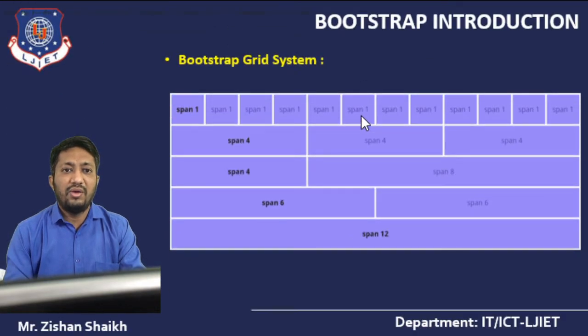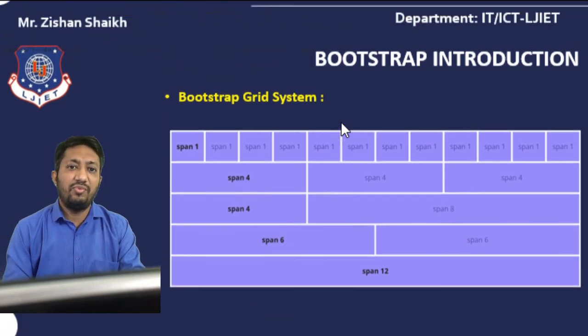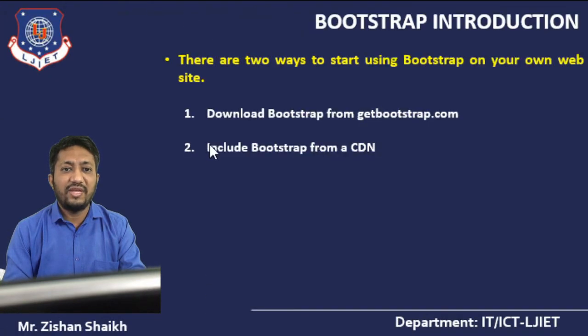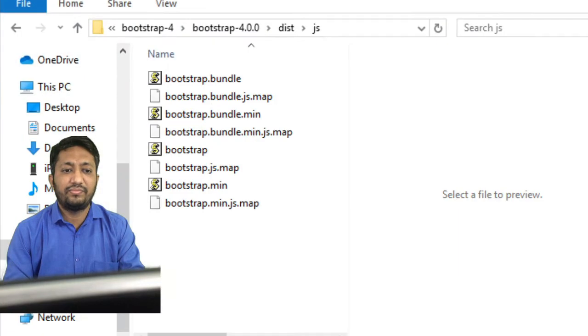Now we are learning the Bootstrap grid system. For learning this, we first need to know how to write a Bootstrap program. So first we move to the Bootstrap basic program using our second method, that is, using CDN. Let's start with this particular program.